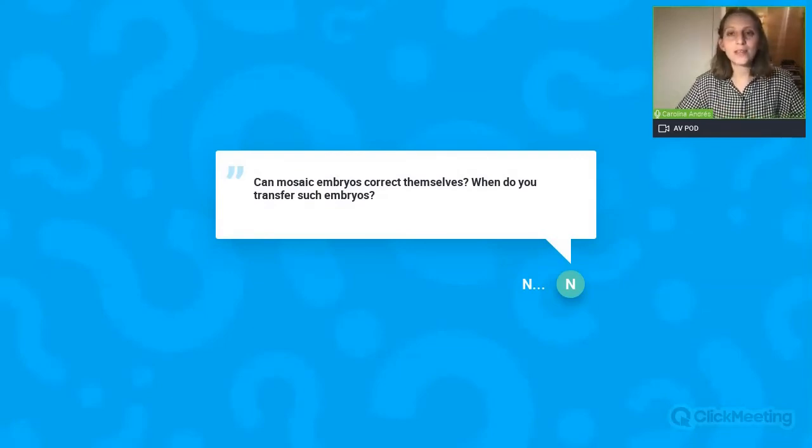So we don't know if the aneuploidies are going to affect all the embryo or just a part of the trophectoderm. So it's a question that's very difficult to answer, but as I say, mosaic embryos can be transferred. The genetic laboratory will give you the indications for the transfer of these kinds of embryos and inform you about all the risks. So these embryos would be transferred only after all the euploid embryos have been transferred.